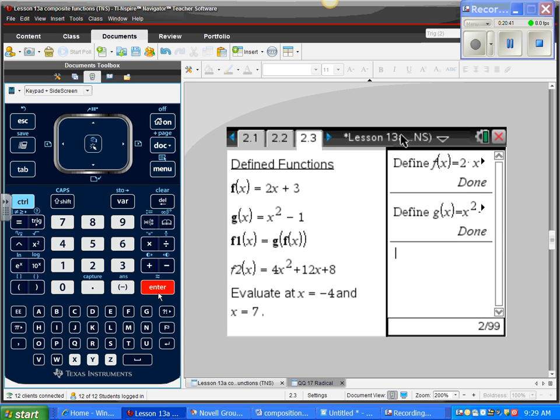We okay? All right, so g of f of negative 4 gives us 24. And g of f of 7, oops, I lost parentheses, gives us 288. Okay, again, you can use define. You also have to know how to do it by hand. Okay? And we're going to do lots of practice tomorrow with this as well.